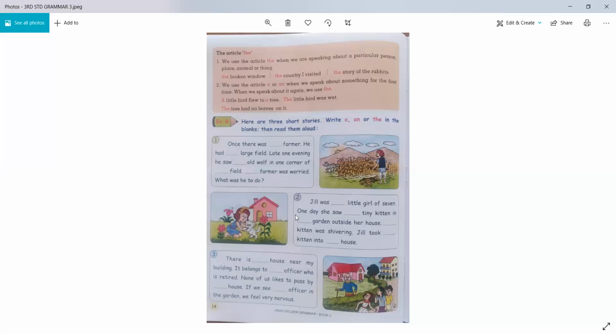If we see the officer in the garden, we feel very nervous. Understood? I explained where you have to use the articles a, an, and the. So students, you just write what I explained in your grammar book.